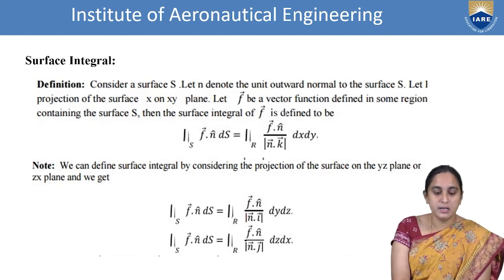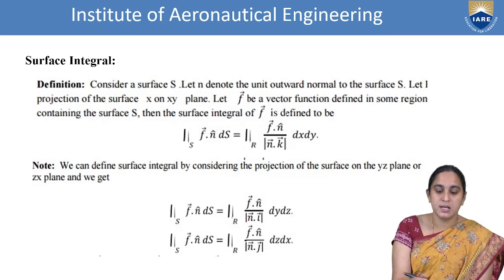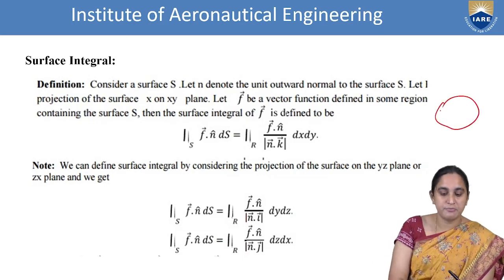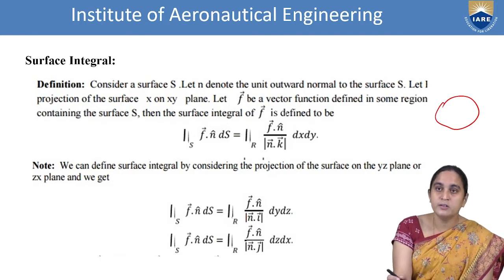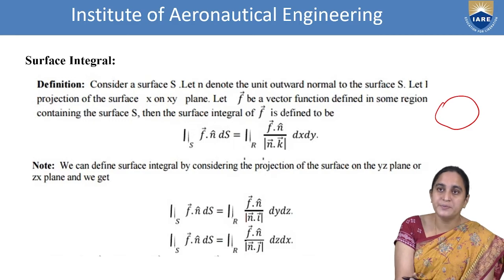For that case, we have the projection on the xy plane and the unit outward normal vector. Already we discussed in the previous classes what a unit normal vector is. Here small n is the unit normal vector.